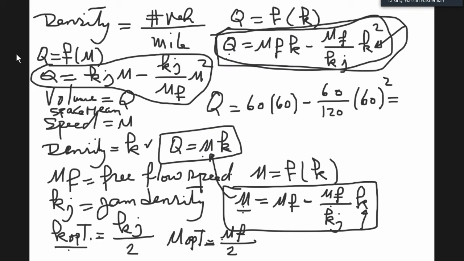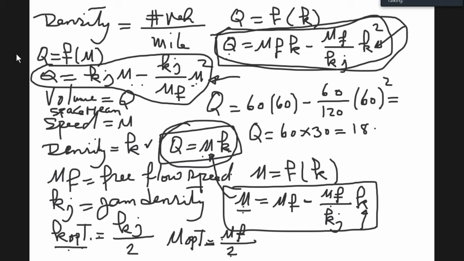Another way, you can put them into this formula. If you put them into this formula, you get the mu, and that mu is the mu optimum. So you put that, the same answer will come. Or you could just say Q equal to mu K. But when you say mu K, mu has to be optimum, K has to be optimum. So K optimum was 60, mu optimum was 30. So that's 1800.